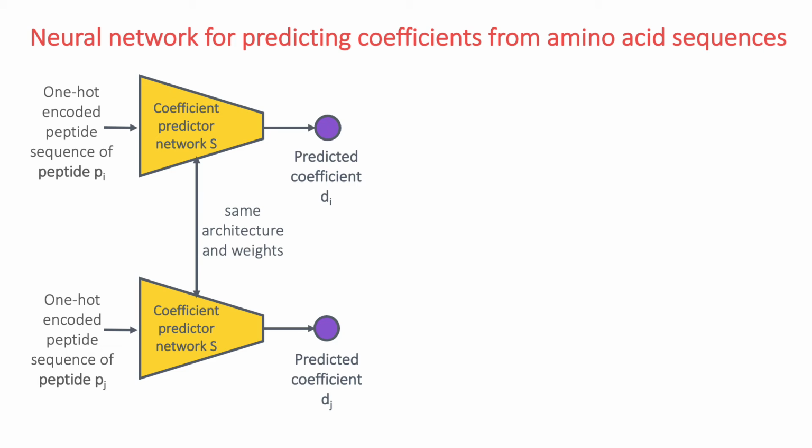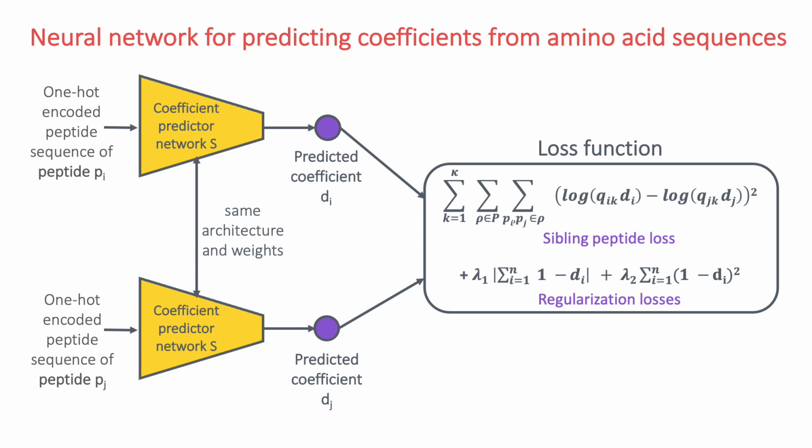Each arm of this network takes as input a peptide sequence and outputs a coefficient. And we train this network using all pairs of sibling peptides i and j to minimize our loss function. One key point is that even though we train this model from only the unique peptides, it can also be used to make predictions for shared peptides.